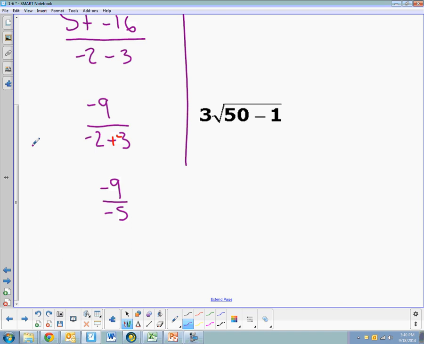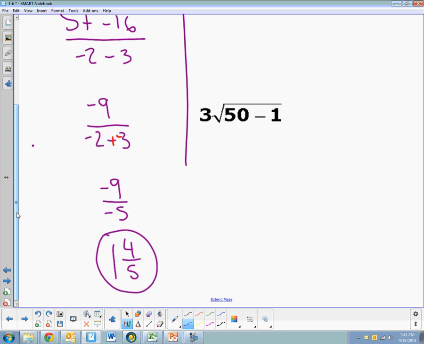Negative 9 divided by negative 5, well, a negative divided by a negative is positive. And I know I can rewrite that as 1 and 4/5. That's simplified. That's reduced. We do need to simplify, and we do need to reduce. You will always need to reduce. You always, always, always need to reduce your fractions. And so we've got 1 and 4/5 from that one.